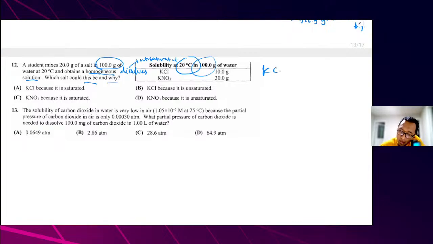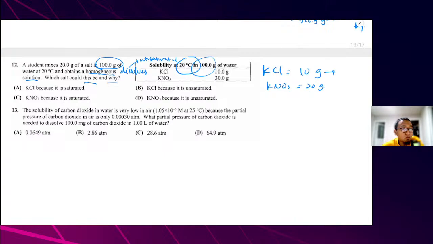KCl will be dissolved only up to 10 gram, and KNO3 up to 30 gram. So KCl can dissolve a maximum of 10 gram. 20 gram is more than the solubility, so it will give us a heterogeneous solution.